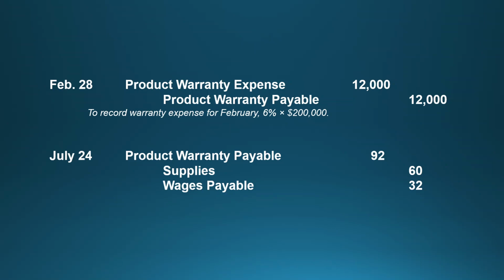And so what we do is we show that $92 went towards $60 for the supplies or the parts that we needed to fix this particular item, and then payment of the person who fixed it. Okay. And so the $92 will pull from the warranty payable account where we set aside the full $12,000.